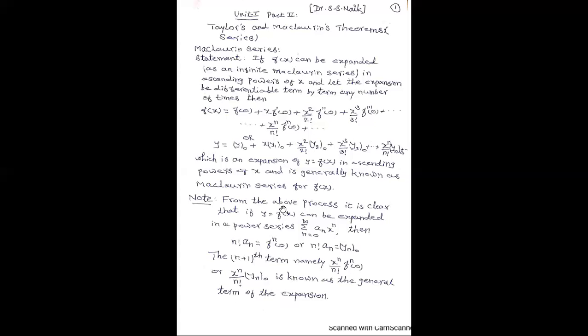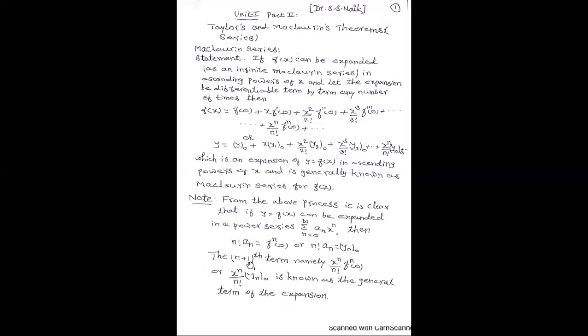Note that from the above process, it is clear that if y is equal to f of x can be expanded in power series, summation n is equal to 0 to infinity an x to the power n, then n factorial an is equal to fn of 0, or n factorial an is equal to yn of 0.